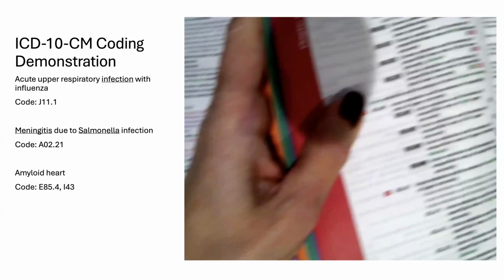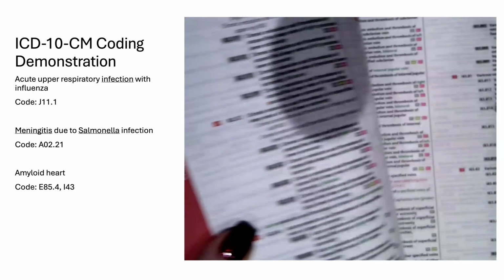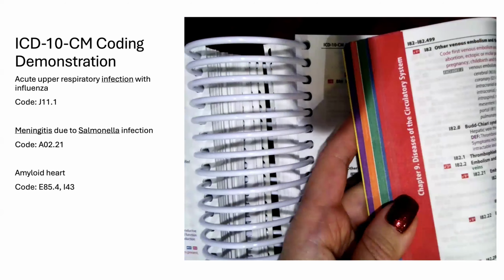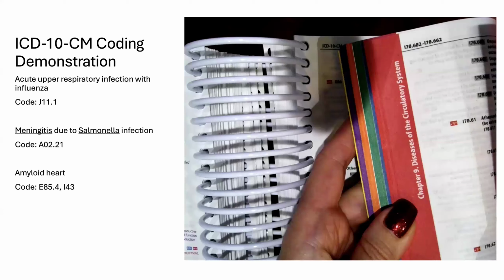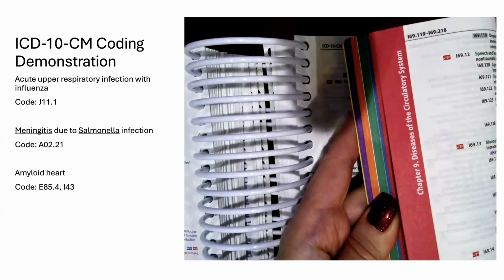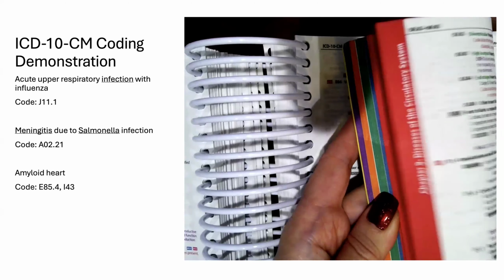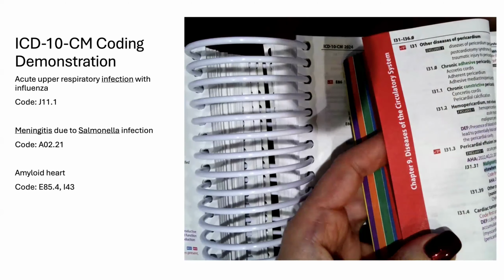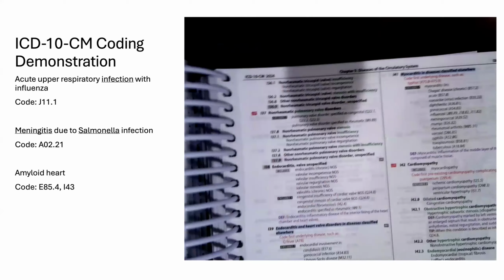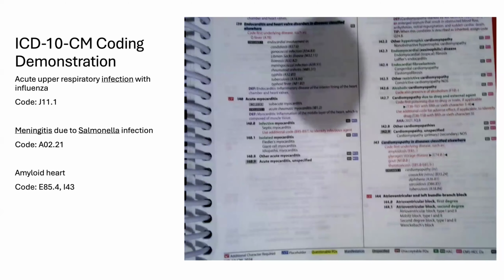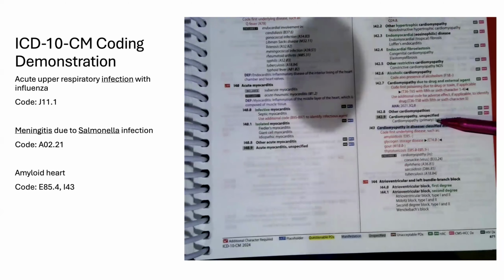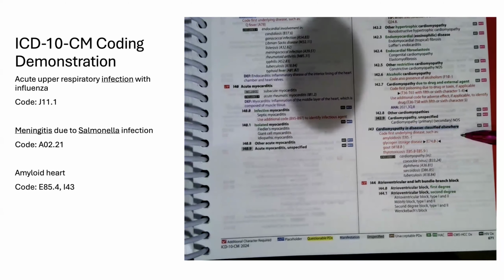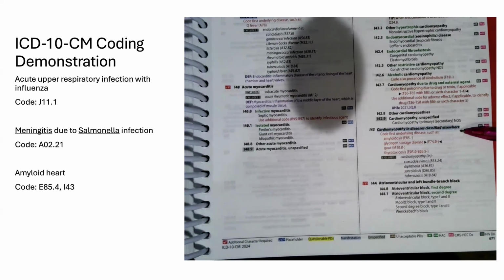So I'm going to go over to the I's, and I'm going to look for I43. And we're getting close. 44, 41, 42, 43. And this is your cardiomyopathy in diseases classified elsewhere.